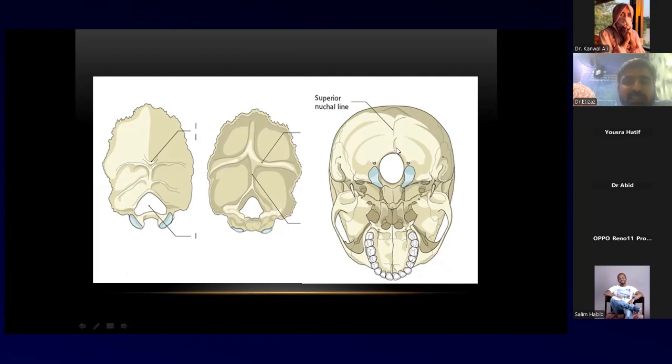So that's why this line is important: in the mid of this one and the superior nuchal line, it is the thickest portion of the occipital bone. In males the thickness is about 12 to 15 mm. In females it is about 10 to 12 mm of the occipital bone. So these lines should be memorized. Okay.